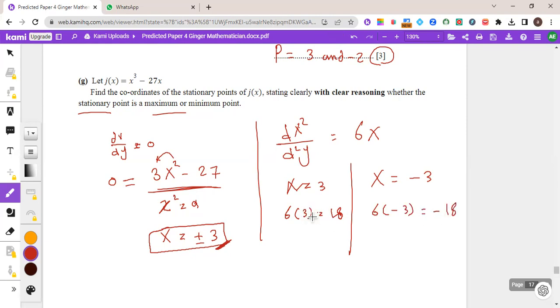This one is greater than 0, so it will be a minimum point.